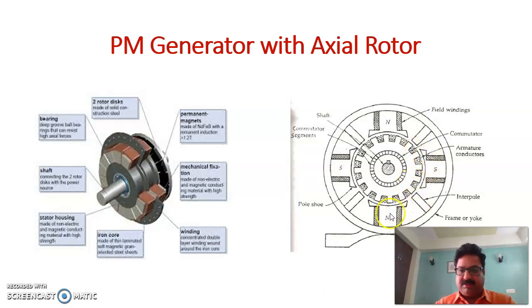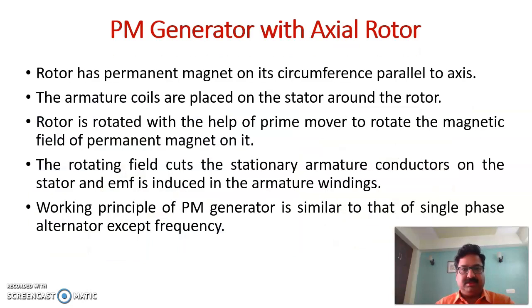Interpoles are present in between the two poles, and this frame structure is there, and pole shoes are there. So these are the permanent magnets as shown in the figure, and they have bearings, shaft, permanent magnet arrangement, bindings, iron cores, sensor housing, and all that part is there. That is the construction part we have.